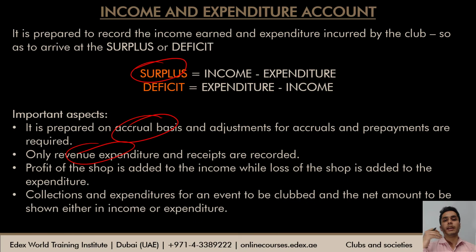I mean that if the collections in the event are greater than the expenditure on the event, you need to write the net amount under the income part. And if the expenditure on the event is greater than the collections from the event, you need to write the net amount in the expenditure part. You cannot show the collections and expenditure separately if they are for the same event happening during the period.